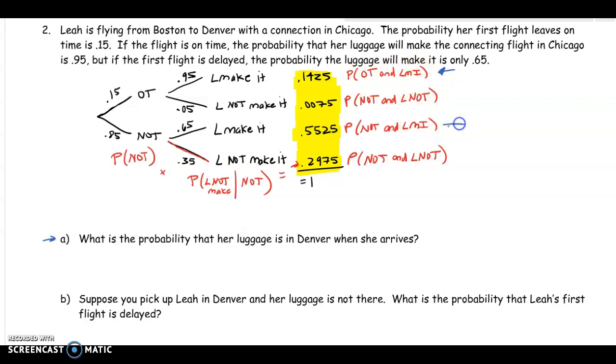And then right here is also, even though her flight's not on time, her luggage will make the connecting flight, so it will be there when she arrives. So I'm going to take 0.1425 plus 0.5525. And that is going to be 0.695.